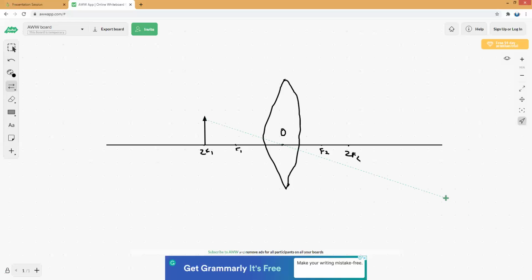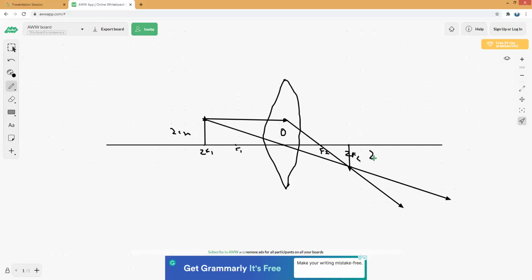So this is our first ray, this is the second ray. Over here this always has to be a straight line, and this one you should measure. If the object is 2 centimeters, then the image has to be 2 centimeters.